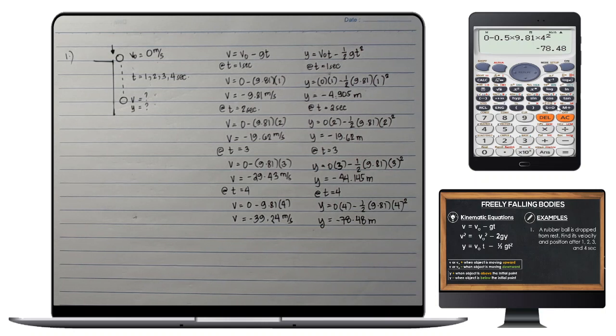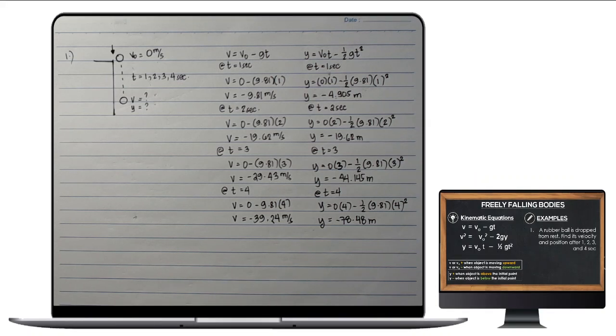Okay, so as simple as that. Let's proceed to the next problem.